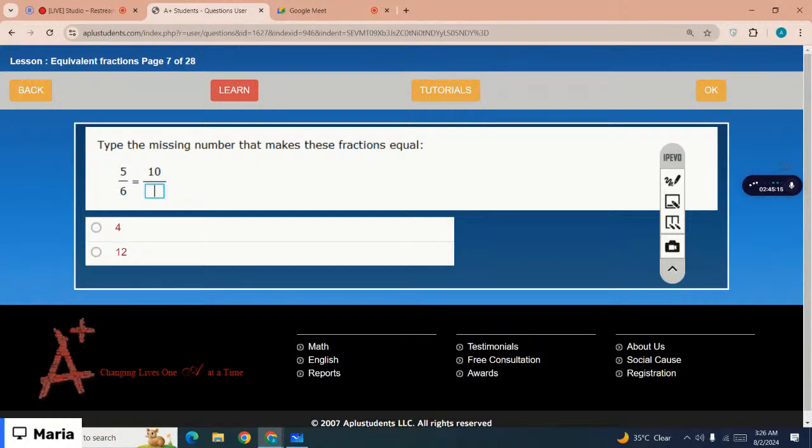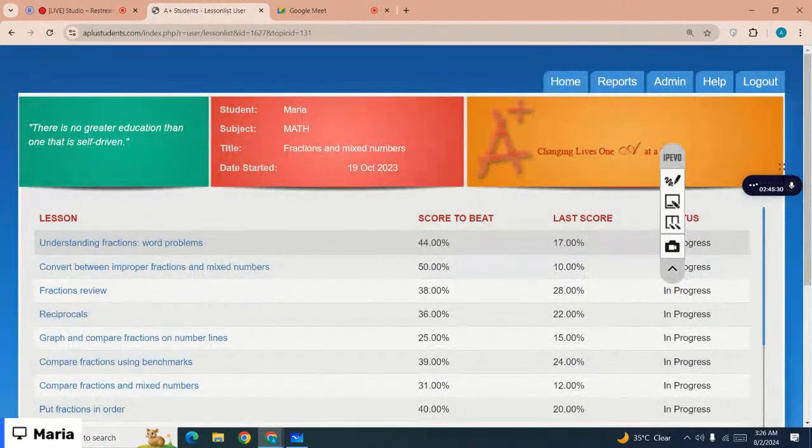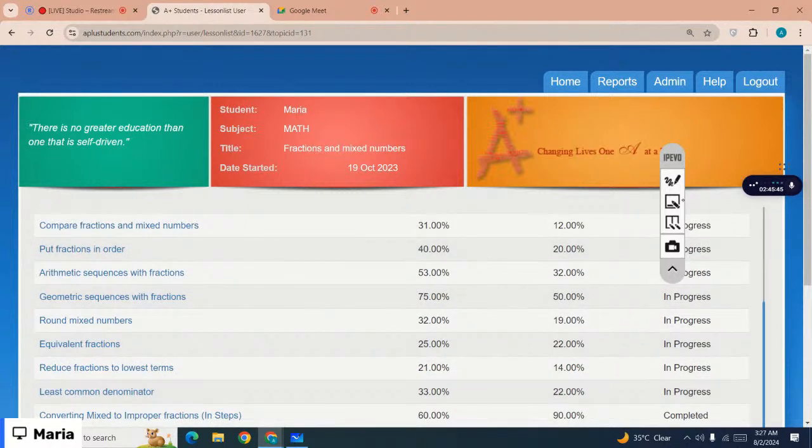And the next lesson is reducing fractions to lowest terms.